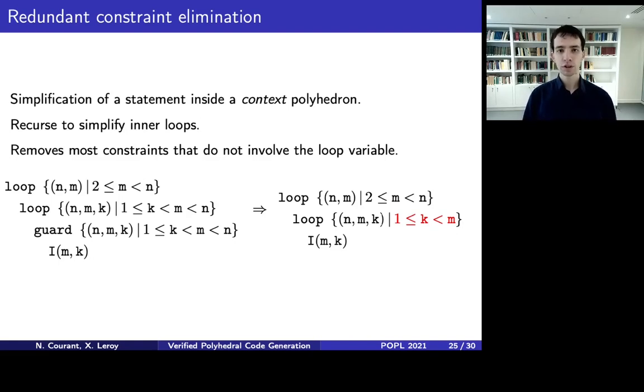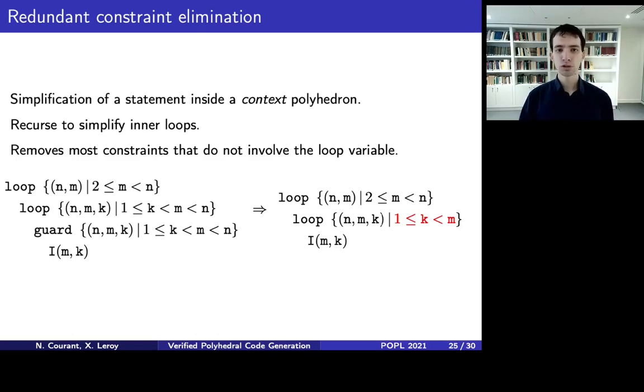To that end, we perform the simplification of a statement inside a context polyhedron, meaning that the specification of this pass is that if we are inside this context polyhedron, then the resulting program is semantically equivalent to the input.